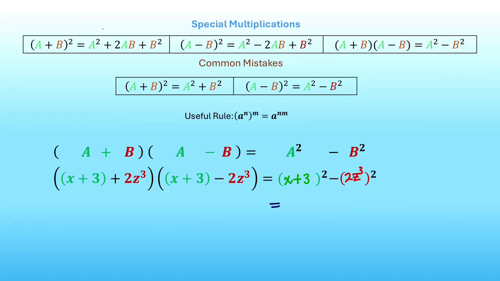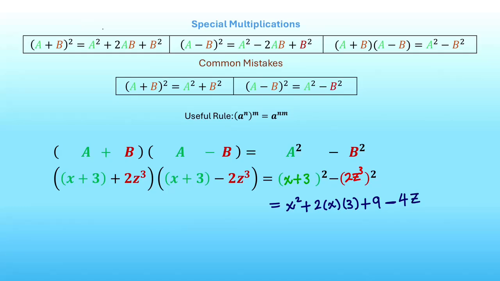Okay, in this case, a is x, so a squared, that's x squared, plus 2 times a, that's 2 times x times b of 3, plus b squared, which is the square of 3, that is a 9, and then we have minus the square of 2z cubed is 4z.